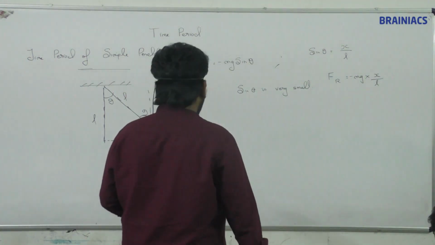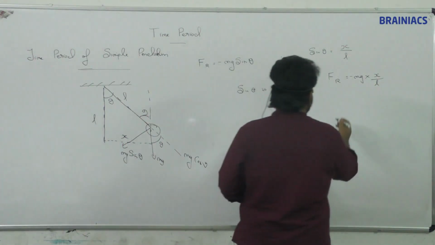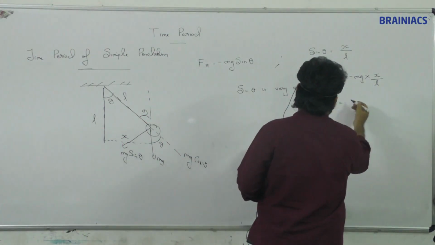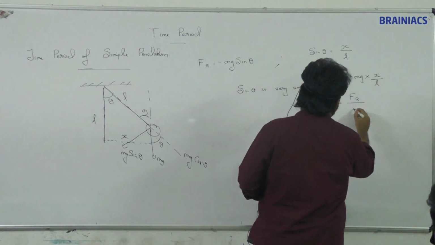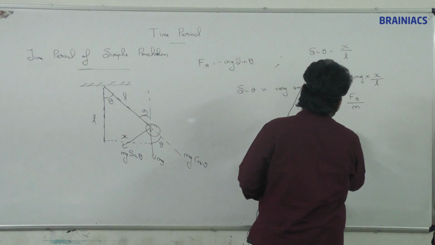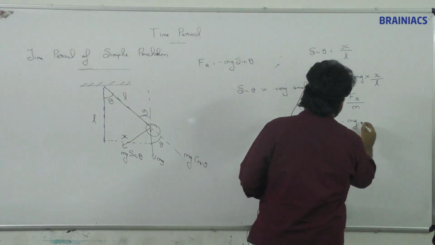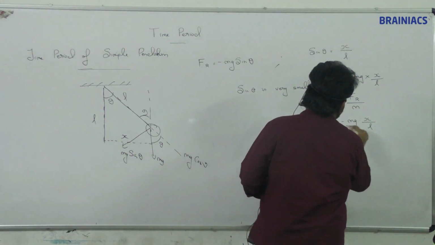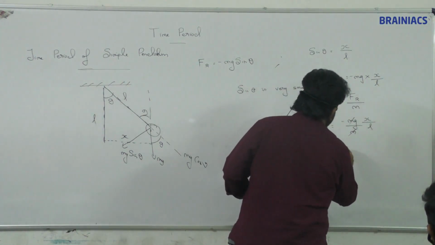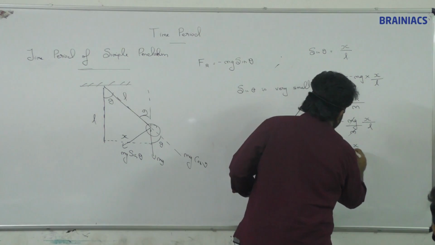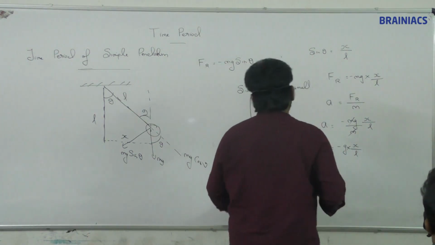So here A is equal to Fr divided by m. So A is equal to minus mg x by L divided by m. So m will be cancelled off. We will be getting A is equal to minus g into x by L.